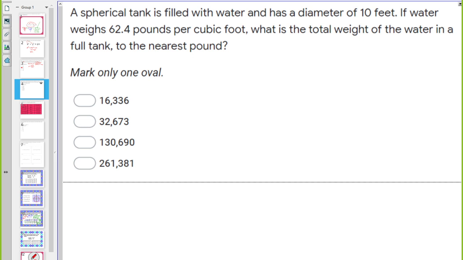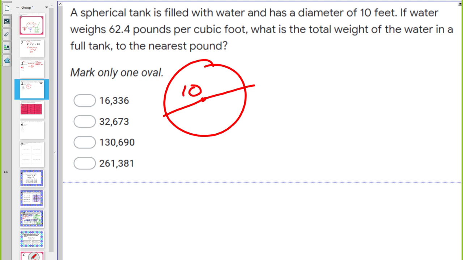A spherical tank is filled with water. It has a diameter of 10 feet. So sphere, and it has a diameter of 10 feet. If the water weighs 62.4 pounds per cubic foot.